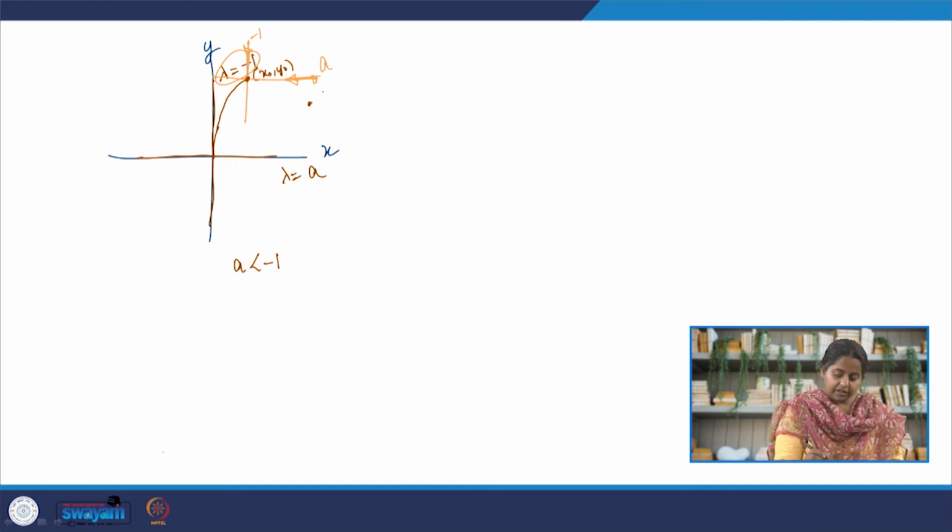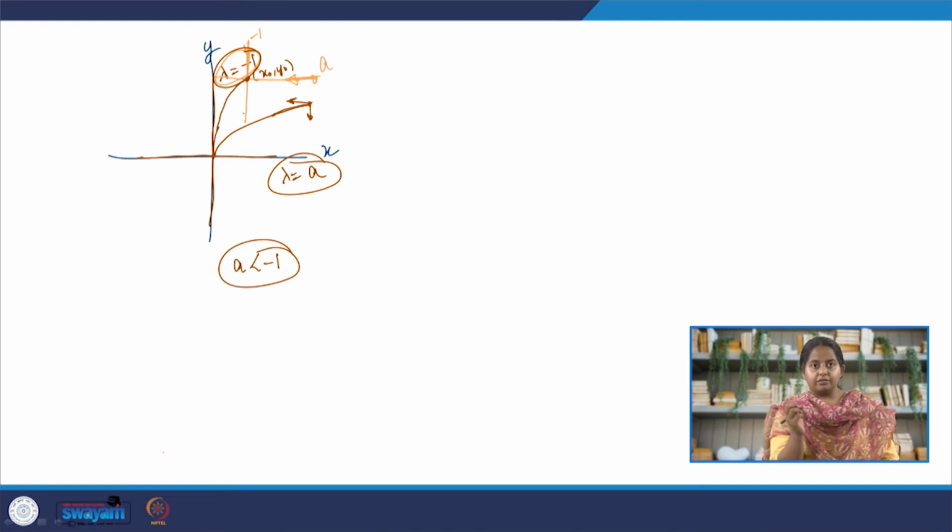Similarly, if it is starting here, the decrease in the x direction will be much faster than the decrease in the y direction, because a is less than -1 and the decrease in y is governed by -1, right. These are your eigenvalues. So, again we will see that the decline along the x axis will be very fast, and as this phase point approaches the fixed point, it will start becoming tangential to the y axis.